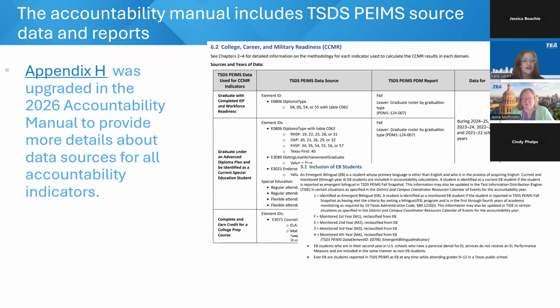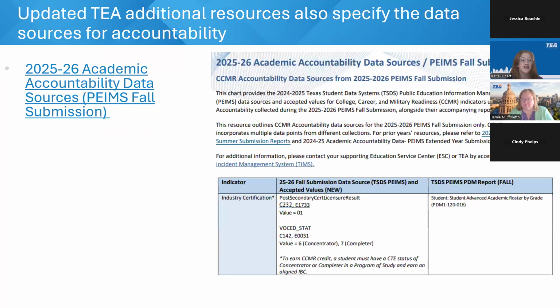In performance reporting, we have also put together an additional resource. It has been live since, I think, late July or early August. This is the accountability data sources document specific to the PEIMS fall submission, and it is really focused on CCMR.